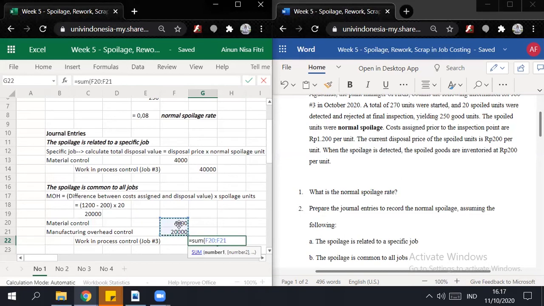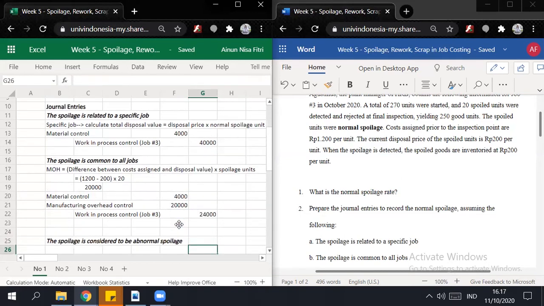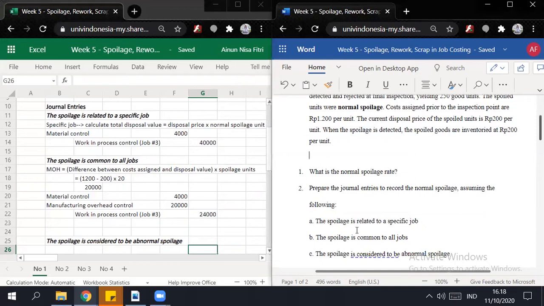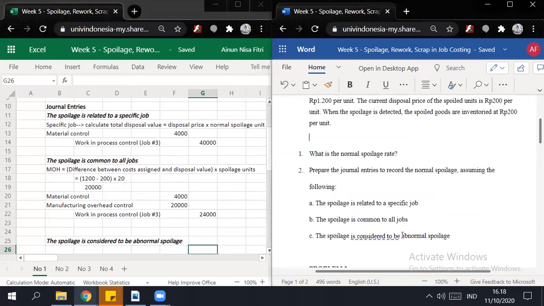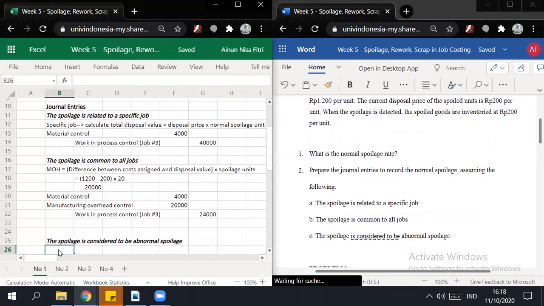Okay, so it is 24,000. Okay, that's all for the second question. And then the third question is, the spoilage is considered to be abnormal spoilage. So if the spoilage is abnormal, we will recognize the cost related to the spoilage as loss from abnormal spoilage.